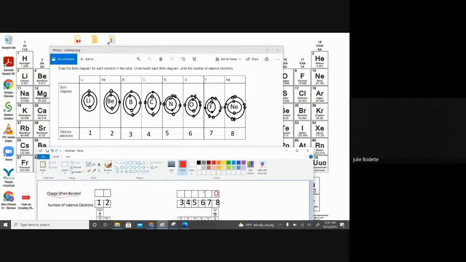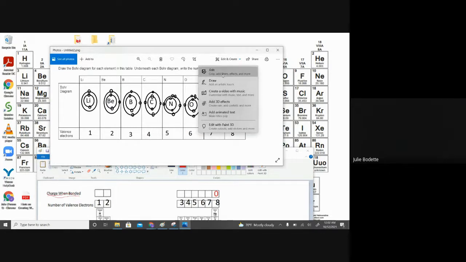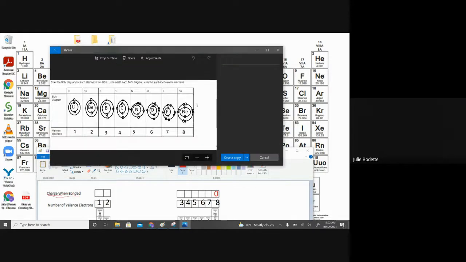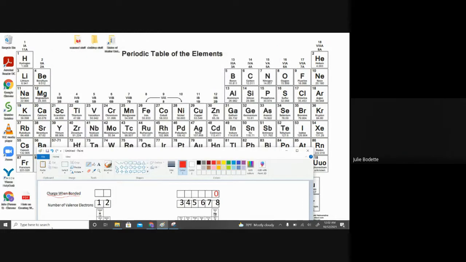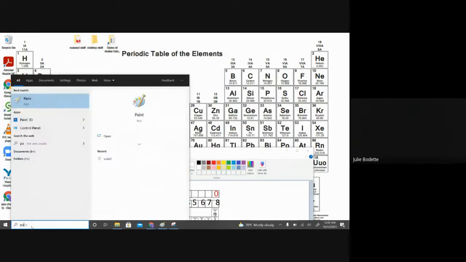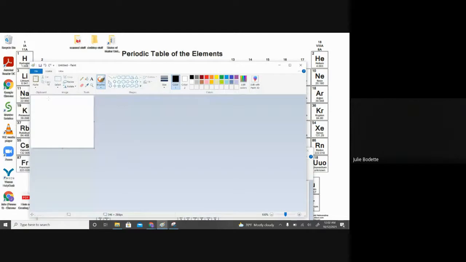Okay. So next one, fluorine. Well, fluorine has 1, 2, 3, 4, 5, 6, 7. It's almost at 8. Right? The easiest thing for fluorine to do would be to gain 1 more electron. Well, let me edit this. We're just going to open it in Paint, because Microsoft Paint is the best. It really is.